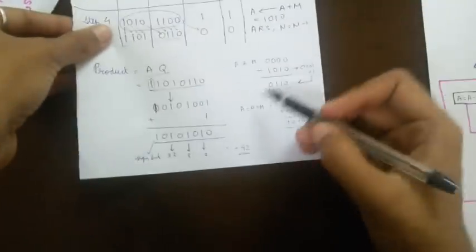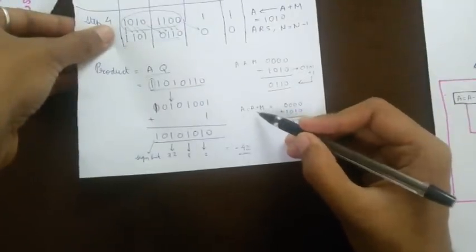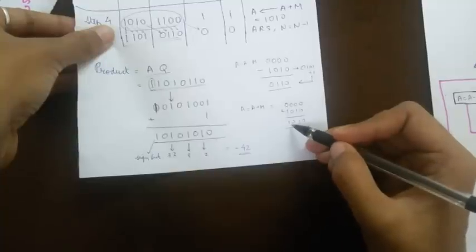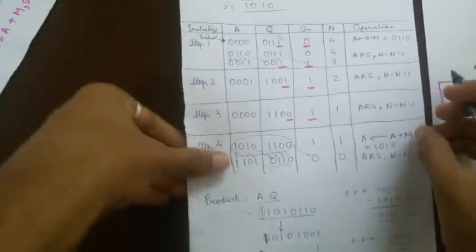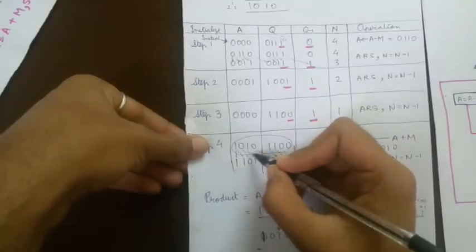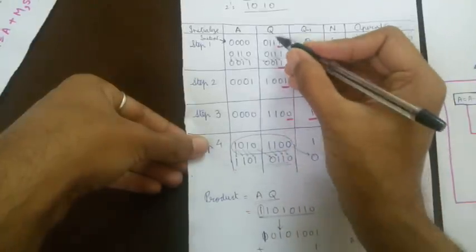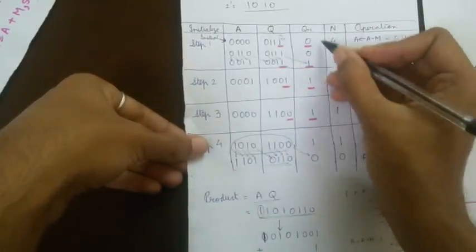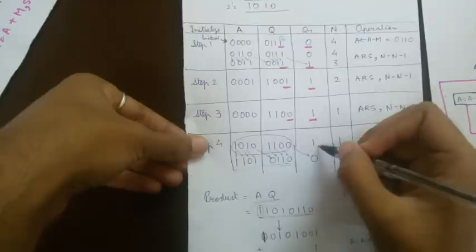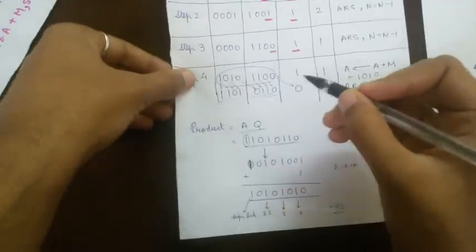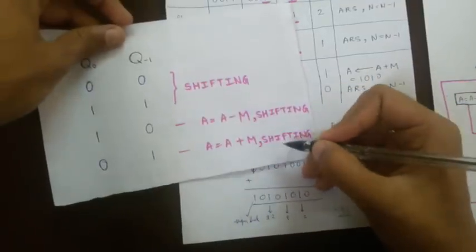So the operation A is equal to A plus M gives us the value 1010, which is written down here, and the value of Q is the same, and the value of Q minus 1 is 1.